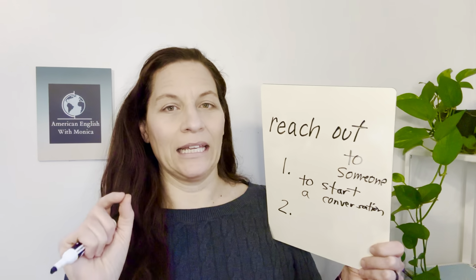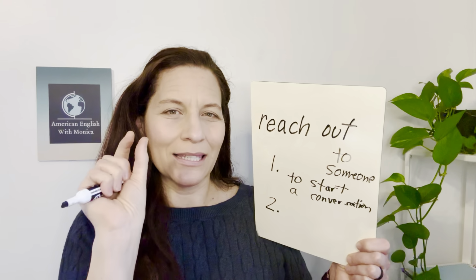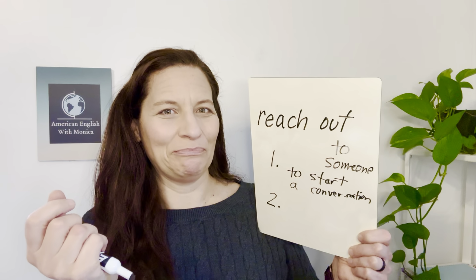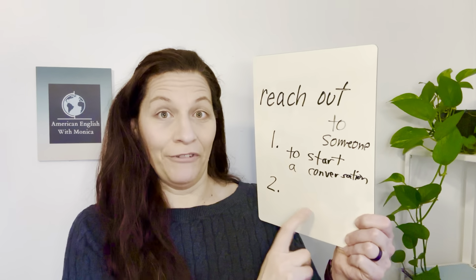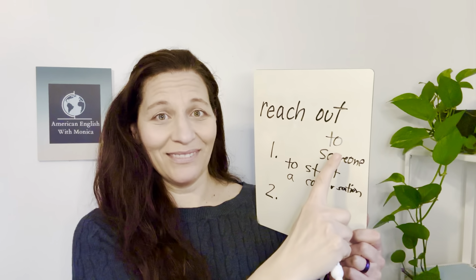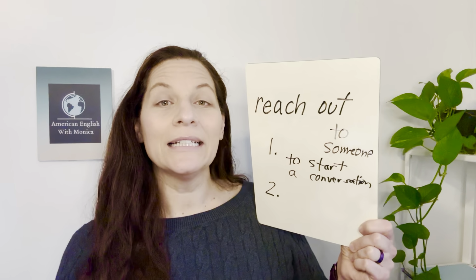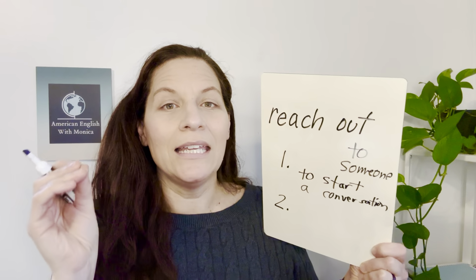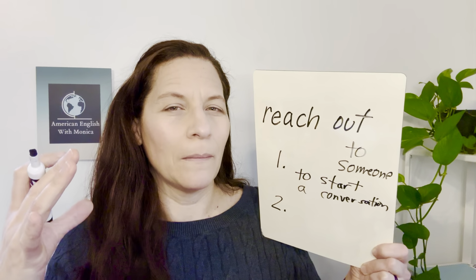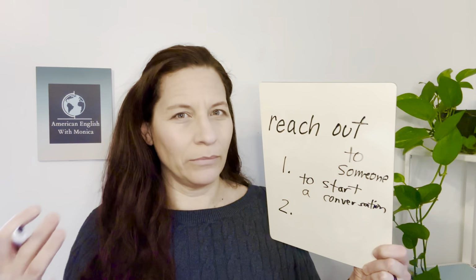That's the first meaning. The second meaning is still communicating, but it's slightly different. The second meaning of reach out to someone, same preposition, if I'm going to reach out to someone, it means I'm going to see if they need any help. Maybe they're having a problem.